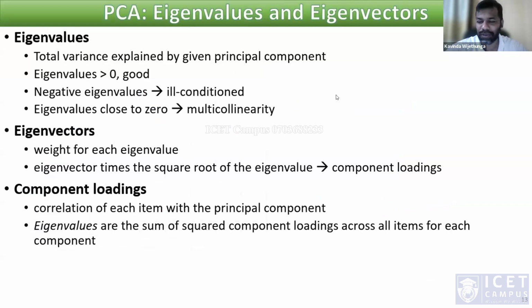It may be sometimes 1 or 2 negative values, which doesn't matter, but if all the values are negative, it is not good. And an eigenvalue greater than 0 is good. Negative eigenvalues we can call ill condition. Then eigenvalues close to 0 indicate multi-collinearity. So it means that the relationships that we can find, right?